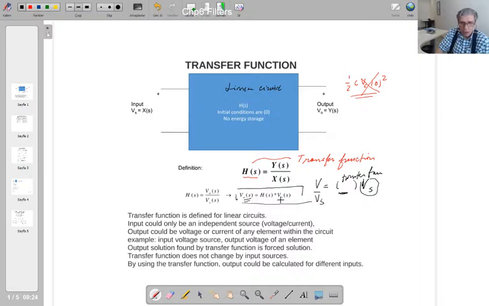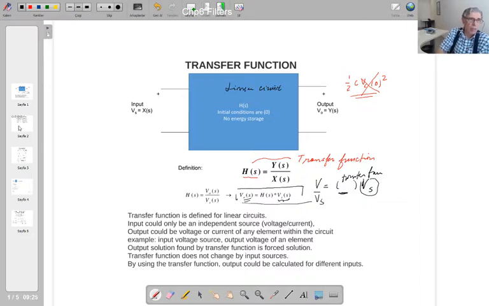Now we are saying if we change the input function or independent source function, we are going to get the output for that input. If you change the input to another function, you're going to find the output for this new input. So for different inputs, I can write the output function by using this transfer function.